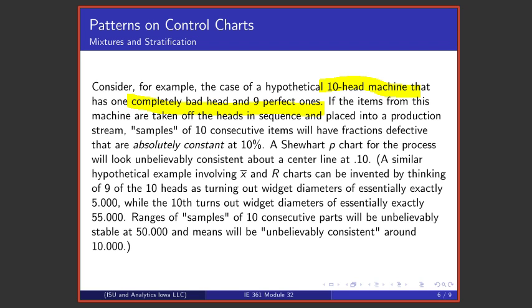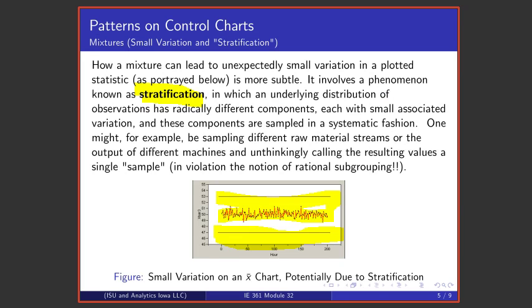One of them always consistently bad, the other 9 always consistently good, and that causes not enough variation on a control chart. So that's an instance where a mixture gets sampled in a systematic fashion and produces not enough variation on a control chart.